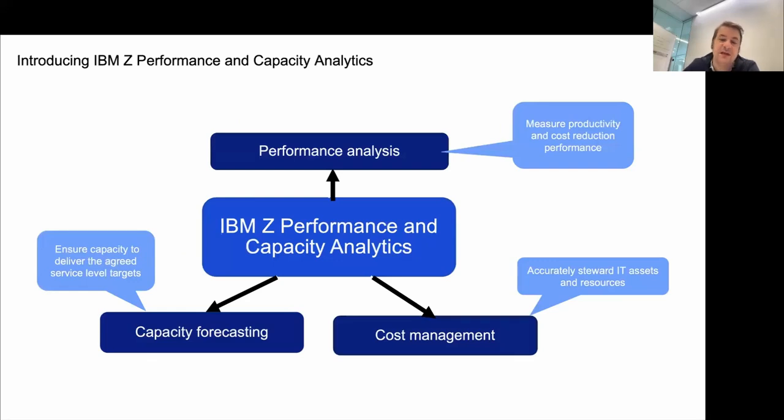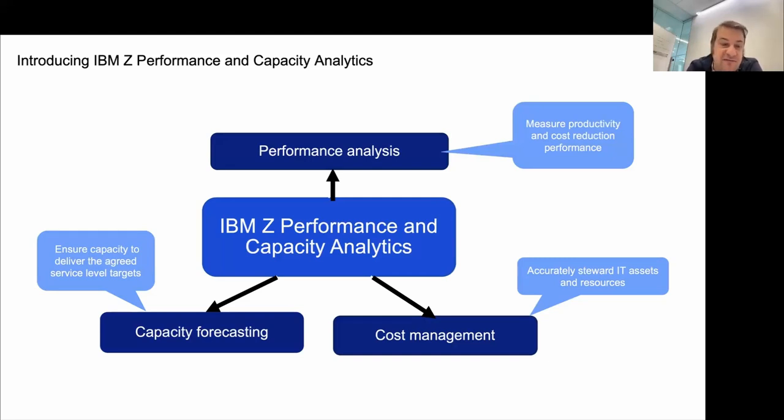What I'm going to be talking about today is a solution from IBM called IBM Z Performance and Capacity Analytics. It focuses on performance analysis, capacity management and forecasting, and also cost management. So all of this ties very neatly together. So we're looking at productivity, performance, changes in behavior as you run through this, to help you understand where there are problems with the environment and where you can make optimizations to improve performance and potentially reduce cost.